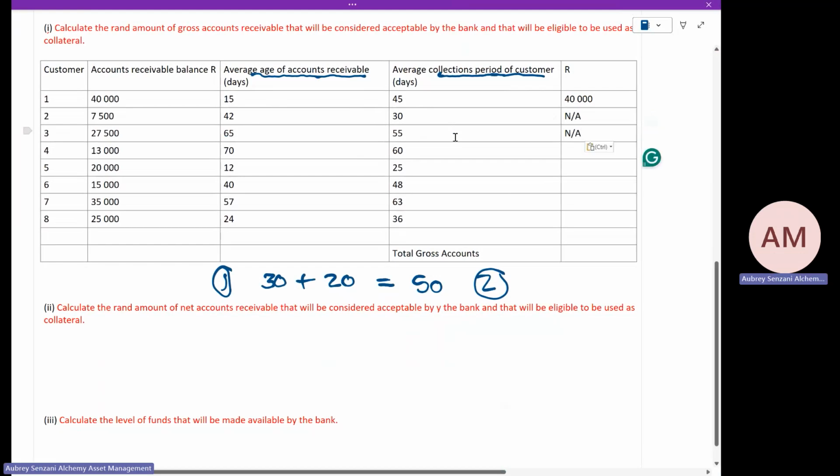Next one, same thing, copy and paste. Then we look at this one. We see that it's 12 days. And at the same time, you can see that it's less than the collection period there. So we can put in that 20,000.